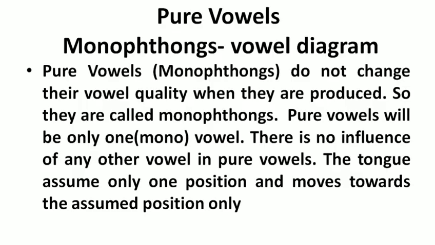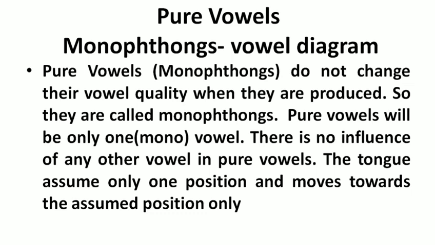We have already defined what a vowel is in English. If we define pure vowels or monophthongs, they do not change their vowel quality when they are produced. Here also the air escapes freely and continuously through the mouth, but when we produce these sounds, there is no change in the vowel quality.